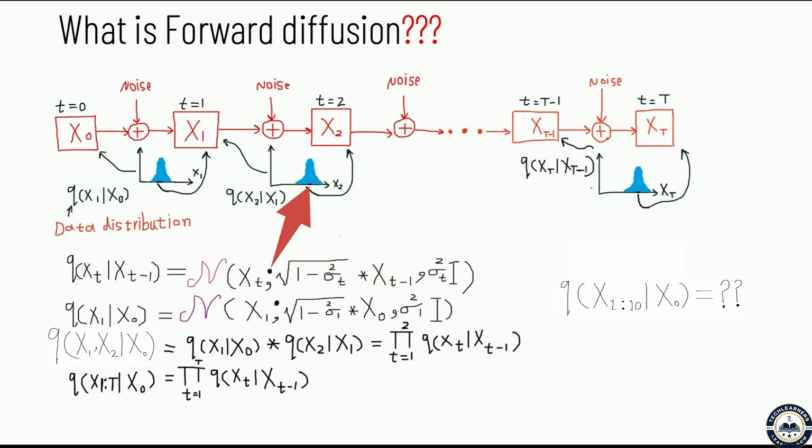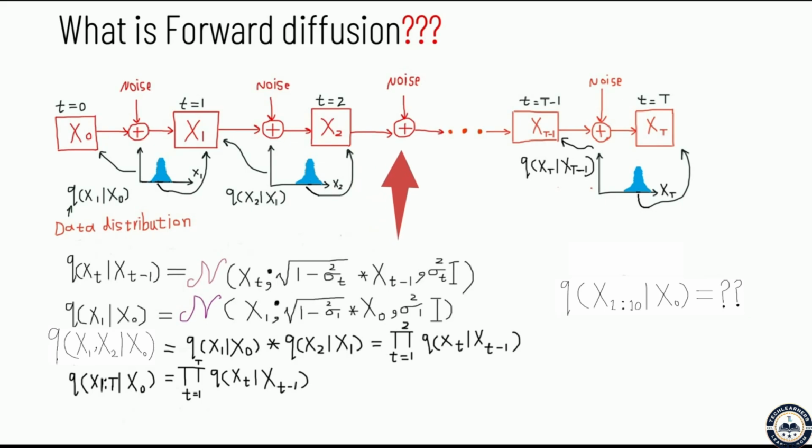The mean of this distribution will be equal to x1 times the square root of 1 minus the variance of the noise that we added to x1. We will use this distribution to get the value of x2 variable at time step 2. We will represent this distribution by q of x2 given x1.